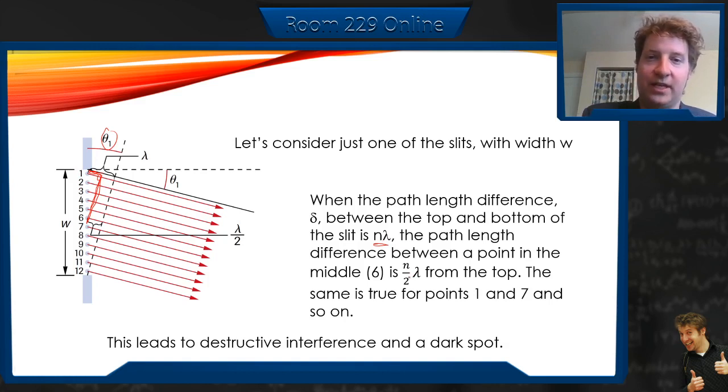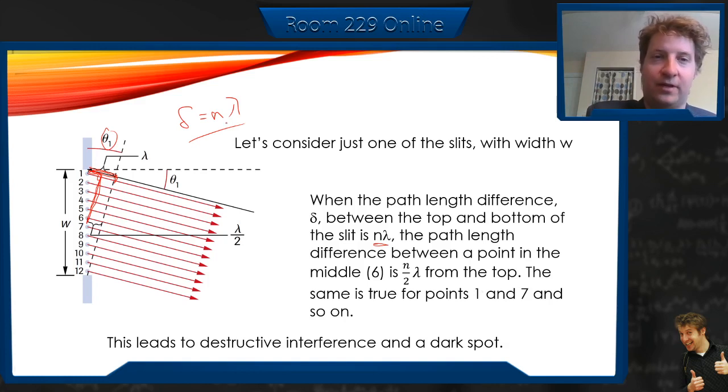So when the full path length difference is equal to some integer number of lambda, that leads to interference between the top and the middle, right?